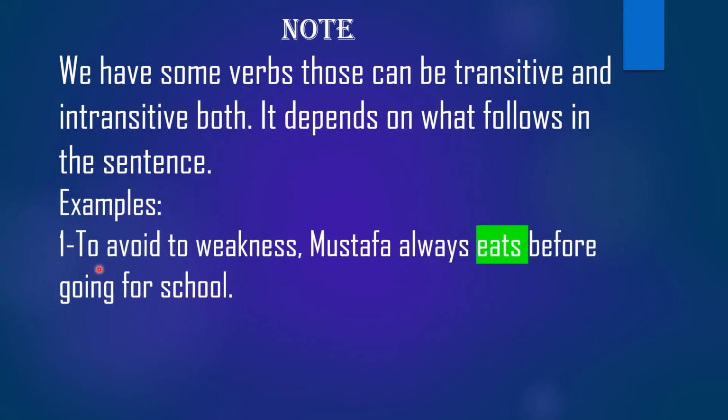The first example is, to avoid weakness, Mustafa always eats before going for school. In this sentence, eats is our verb, और ये जो verb है ये कहलाएगा intransitive verb। क्यों? क्योंकि यहाँ हमें object नहीं है। Same as, see another example.